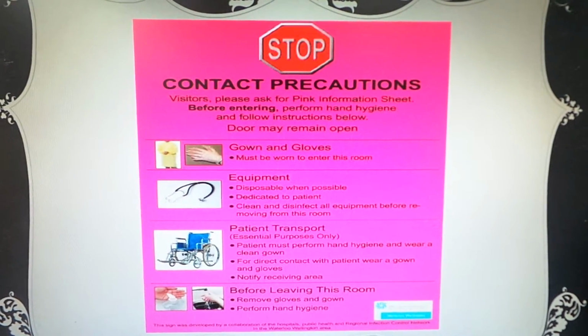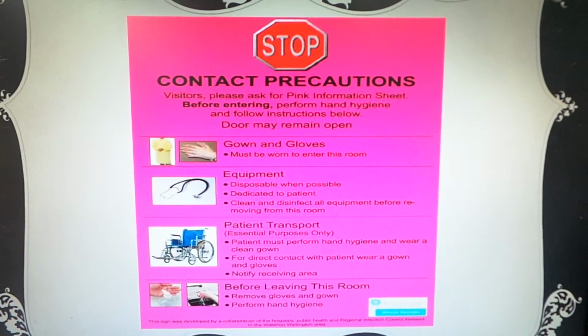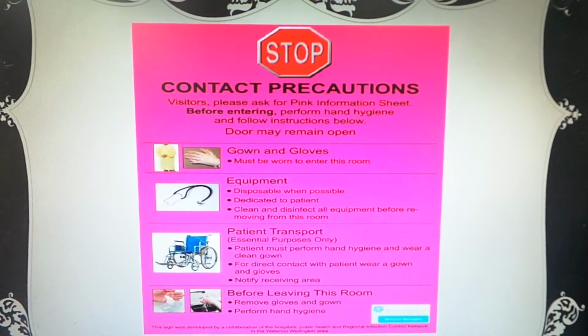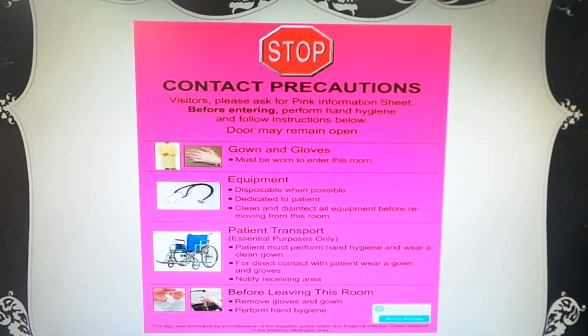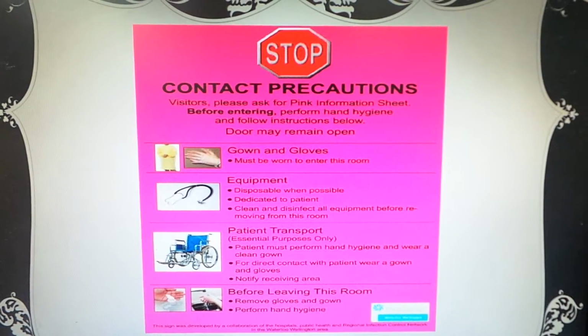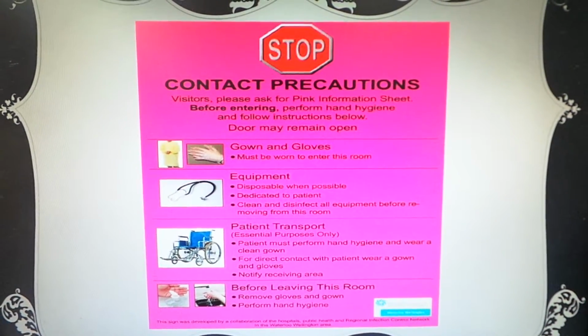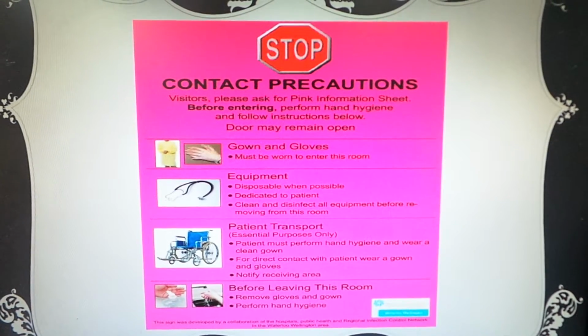Contact precautions. In addition to standard precautions, use contact precautions in the care of patients known or suspected to have a serious illness easily transmitted by direct patient care or by indirect contact with items in the patient's environment.